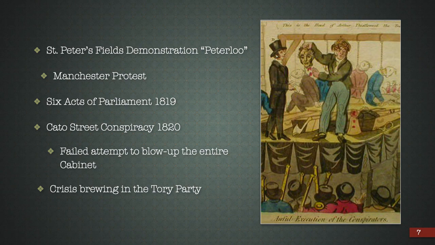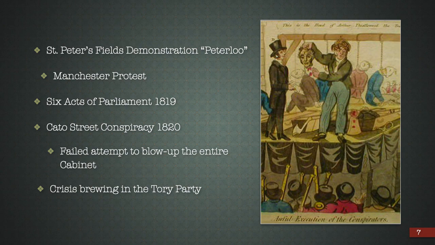Now, there's going to be a great deal of crises brewing within the Tory party over this sort of thing, because the older Tories, and again, we see this generational issue, think that this is a perfectly fine way to do things. And you're going to see much more oppressive angles taken by people like Wellington, who you're going to read about this weekend.